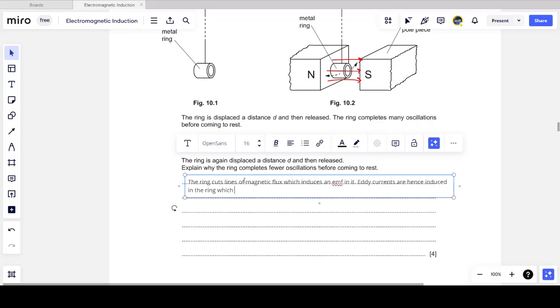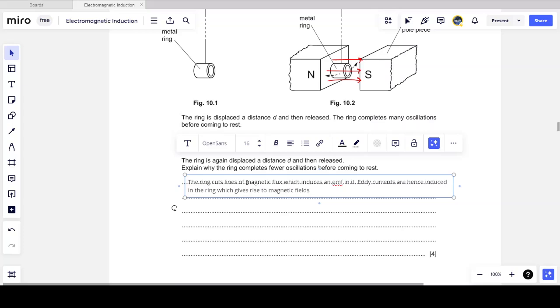And these eddy currents give rise, in turn, to their own magnetic field. So the ring will now have its own magnetic field around it. So this gives rise to magnetic fields. But remember, they asked us to state Lenz's law for a very important reason.